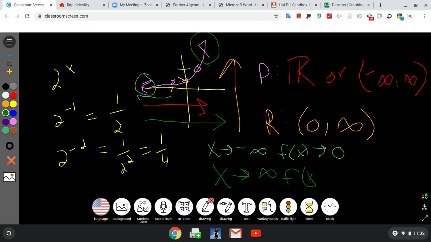Well, as we get bigger and bigger x values, this thing just gets bigger and bigger. So it's going to take off to positive infinity. If you think about real big numbers, 2 to a million or 2 to a billion, it's just going to continue to get bigger and bigger. So this thing just takes off towards infinity on that side.